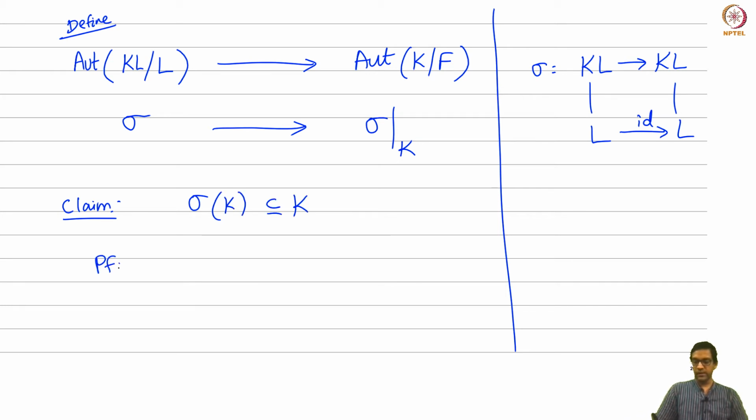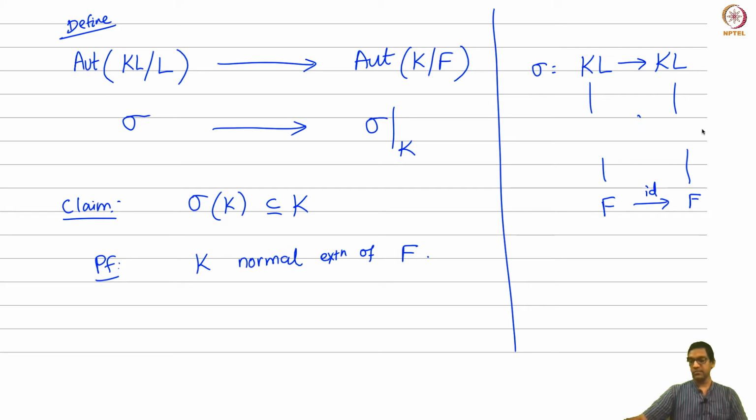Proof: if you go back and look at the various things we proved about normal extensions, recall that K is a normal extension of F. Now I can think of sigma as a map from KL to KL. If it's identity on L, in particular it's identity on F, because F is even smaller than L.